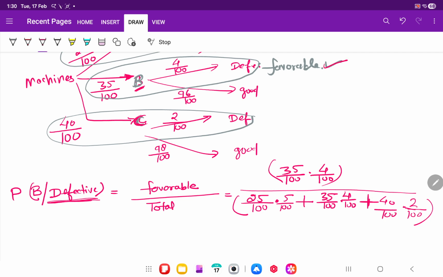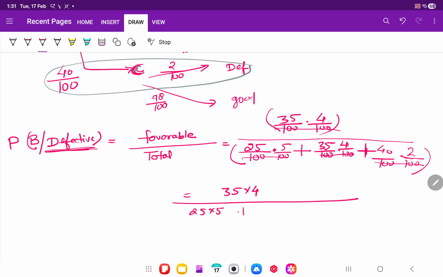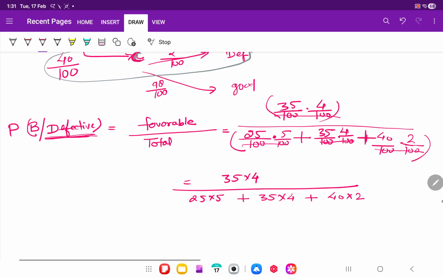Correct? Now let's just simplify this and this. 100, 100, 100 denominator cancel. Okay? So let me write down 35 into 4, divided by 25 into 5 plus 35 into 4 plus 40 into 2.